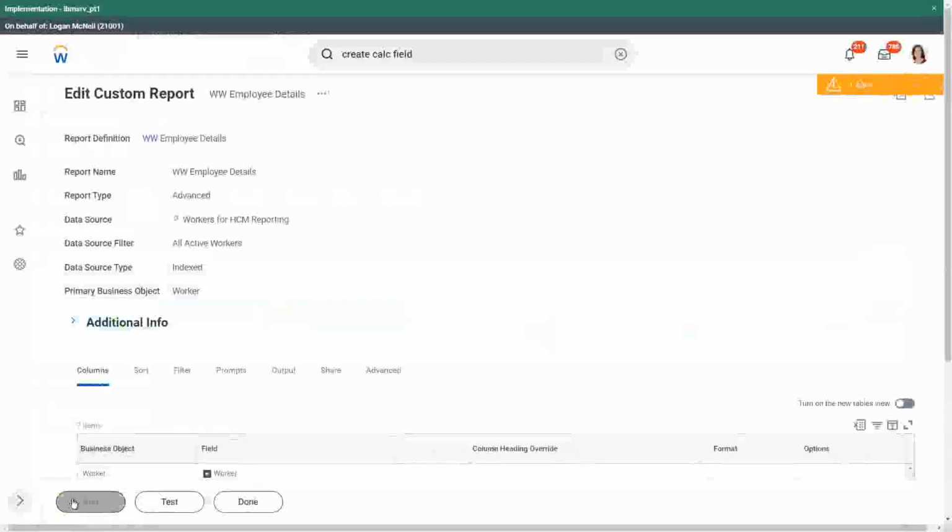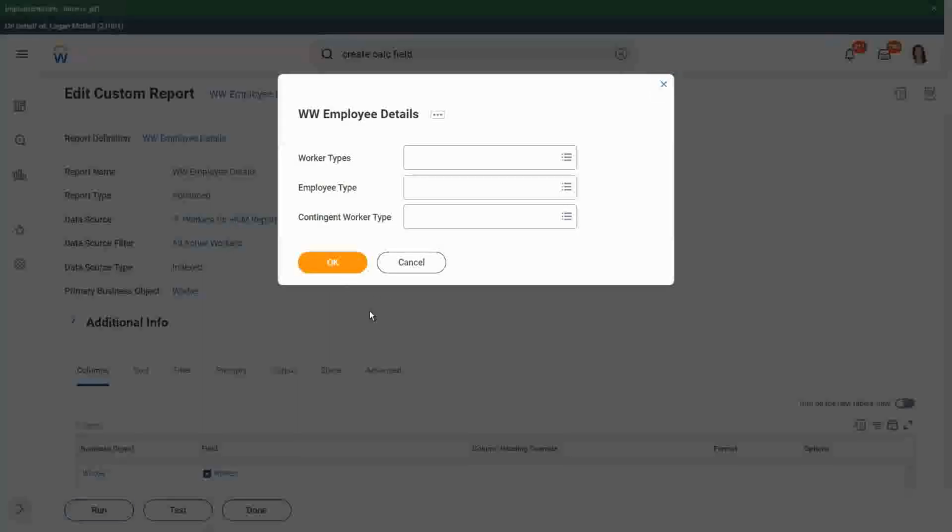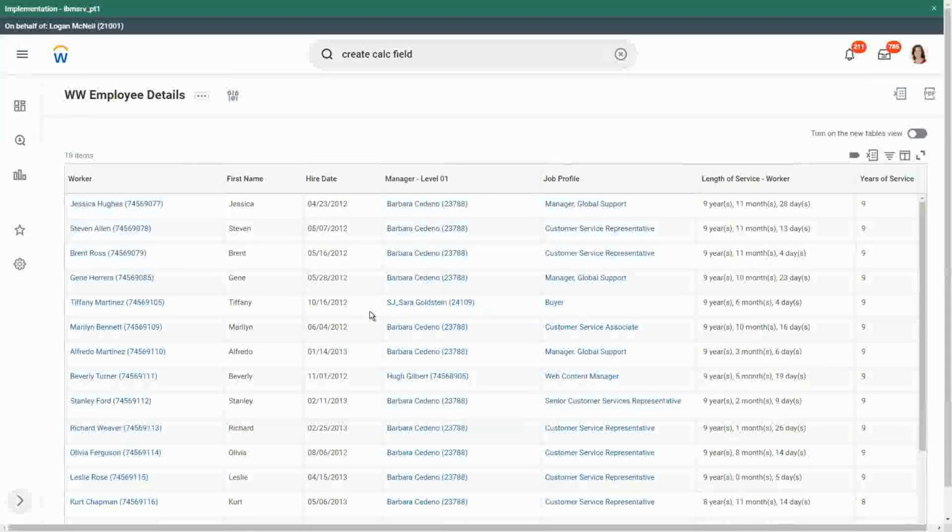Okay, and let me test it. Run. 18 workers are there who have more than 5 years of service. Does it look okay? 9 years of service.